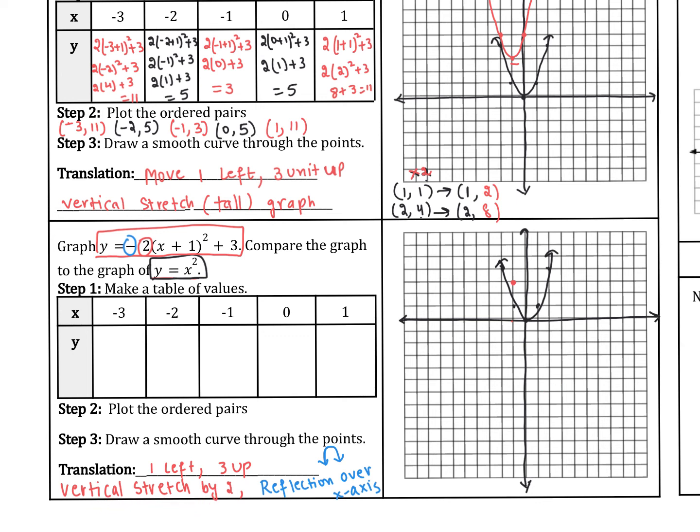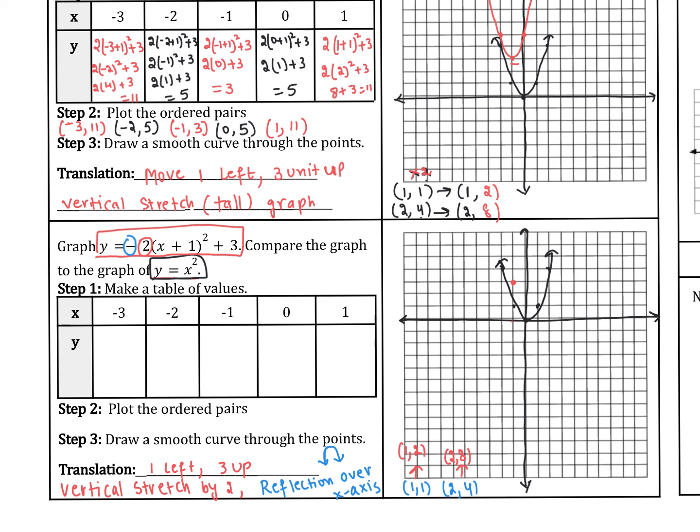So regular points are (1, 1) and (2, 4). Those are the regular ones, but we are going to move this one to (1, 2) and this one to (2, 8), because you're going to multiply the y coordinate by 2.